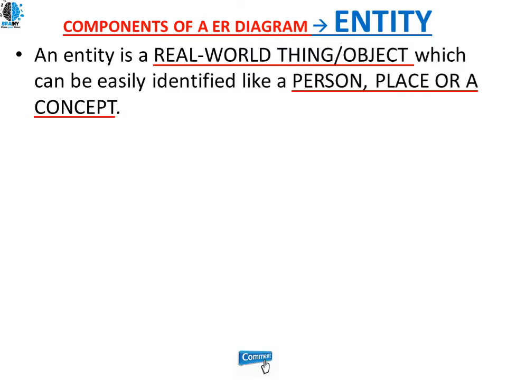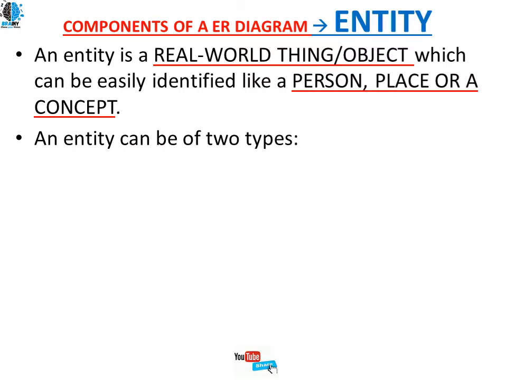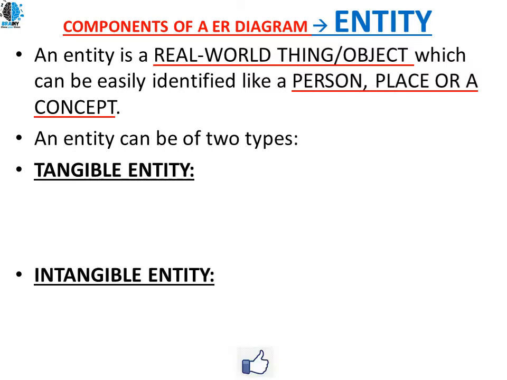Let's see the entity. What is an entity? An entity is a real world thing or an object which can be easily identified, such as a person, place, or a concept. Here we will be having two types of entities. One is tangible entity, next is intangible.